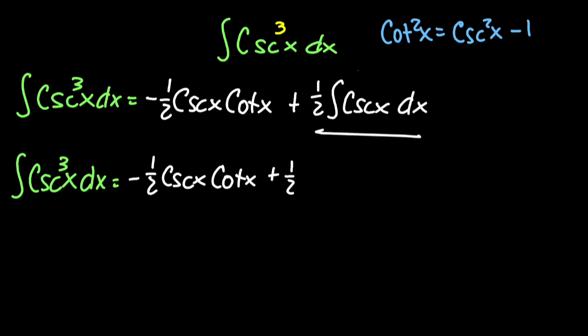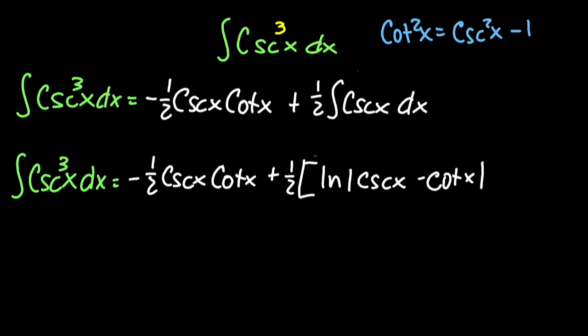And the integral of cosecant of x dx would be actually equal to the natural log of the absolute value of cosecant of x minus cotangent of x plus c. This is the integral of cosecant of x.